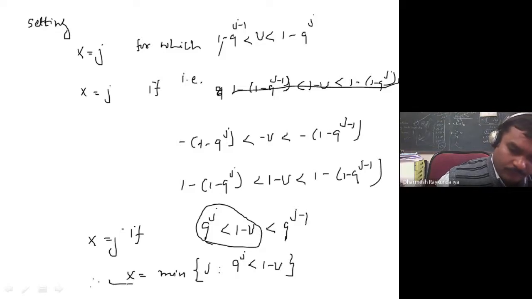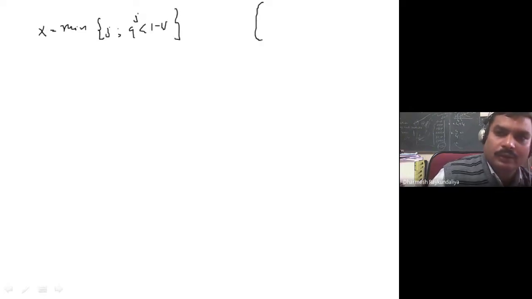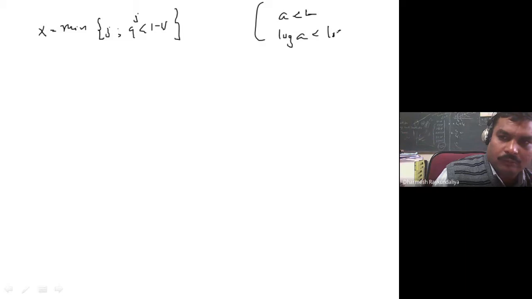Okay. So if you take log on both sides, what happens? X equals the minimum of the j taking values where q raised to j is less than 1 minus u. We know this result: if a is less than b, log a is less than log b.